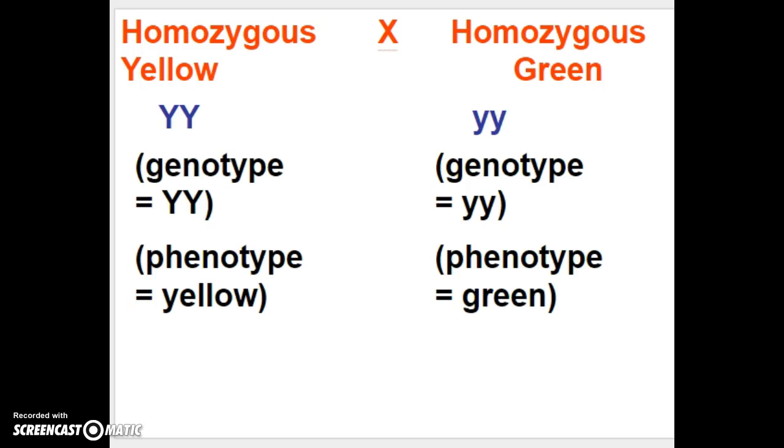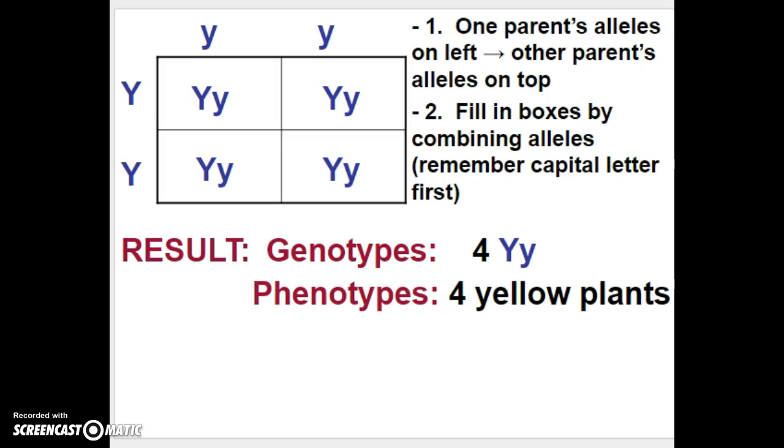Remember, we're talking about one allele with two different forms, so we have to use the same letter. So the genotype, lowercase, lowercase, that's how we know it's recessive. And the phenotype then is it will appear a green color. So in a monohybrid Punnett square, it kind of looks like a window frame.